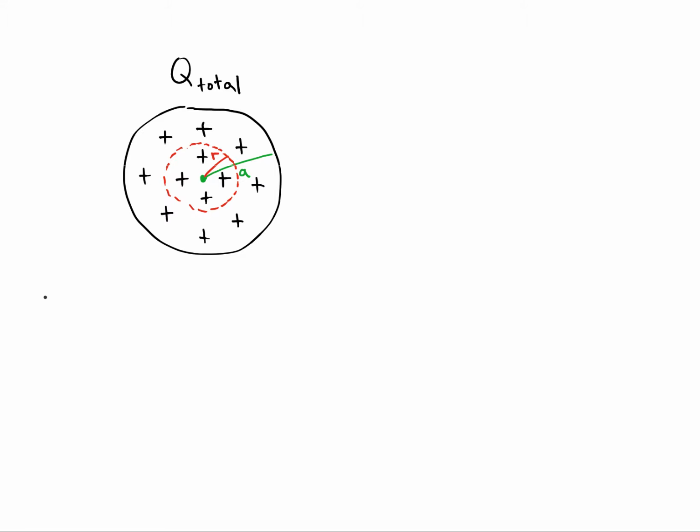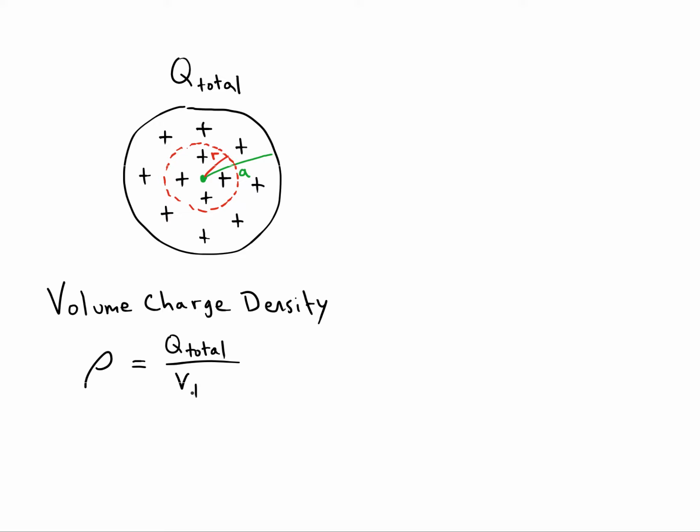In order to analyze this better, we'll use the concept of volume charge density. Volume charge density often has the Greek letter rho, and it's defined as the total charge divided by the volume of the object.